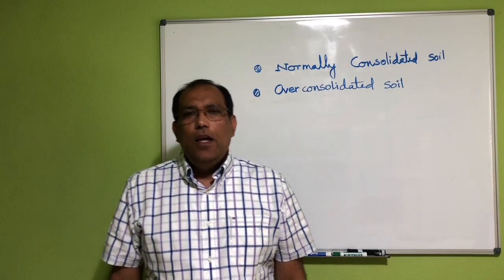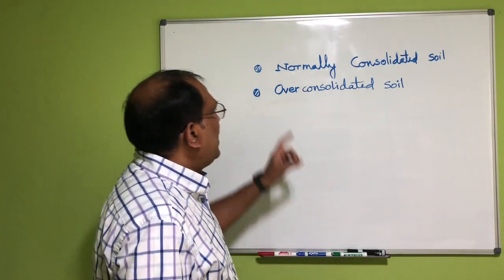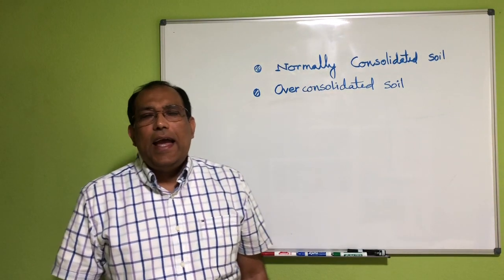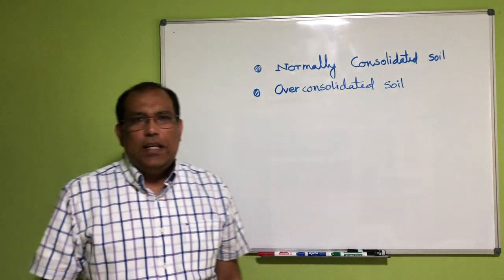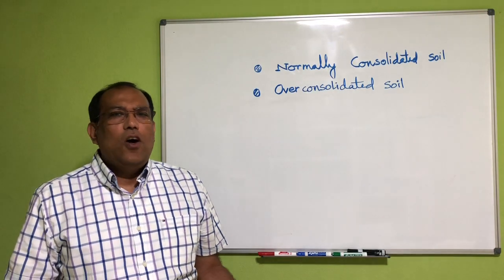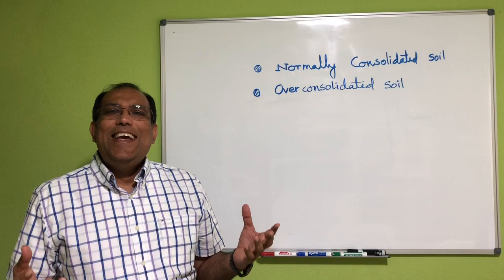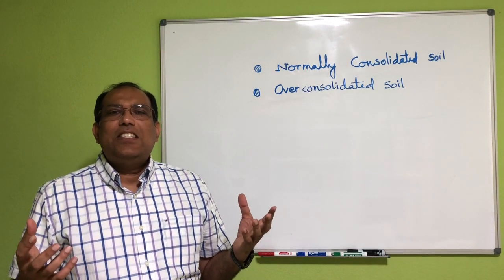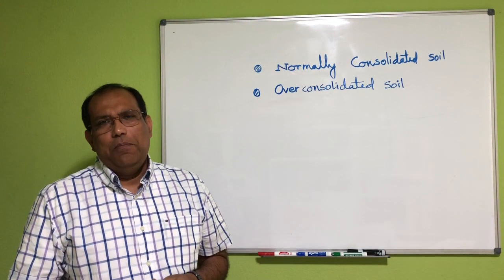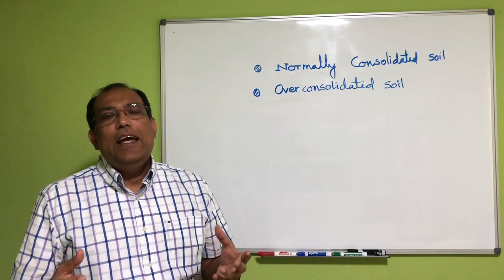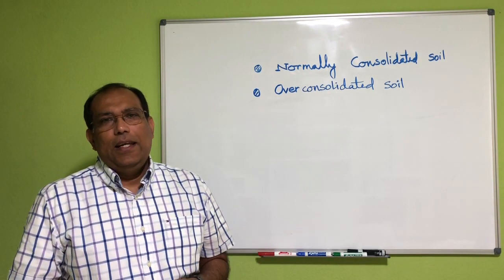of soil. First of all, you can see here, I already wrote down normally consolidated soil and over-consolidated soil. So what is normally consolidated soil? Normally consolidated soil means the soil at its loosest condition. It means the soil has never been compacted other than by the self-weight of the soil.